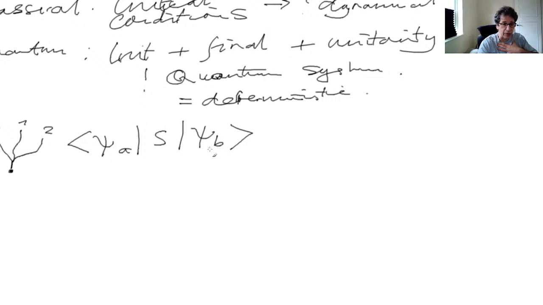Now we can look at this as a time reversed system, where we could equivalently think about this as an interaction between phi B traveling forwards in time, and then phi A traveling backwards in time.